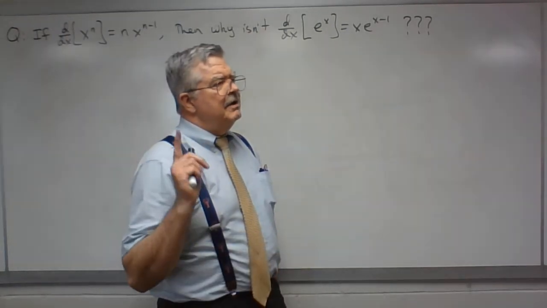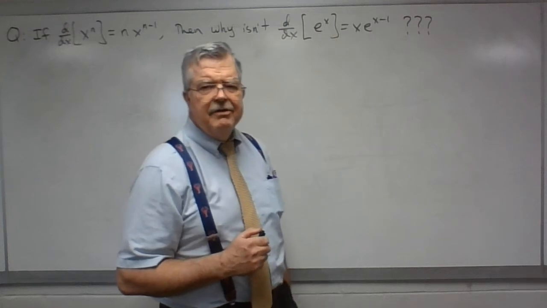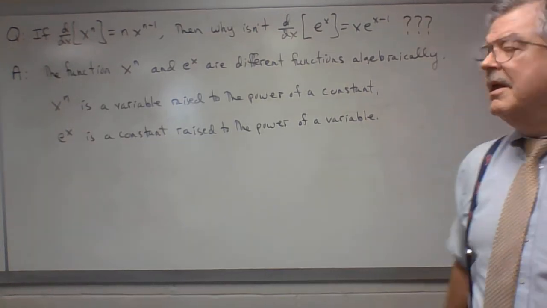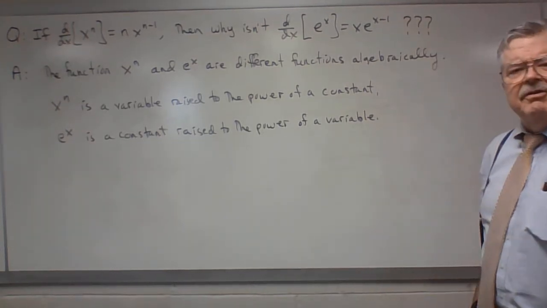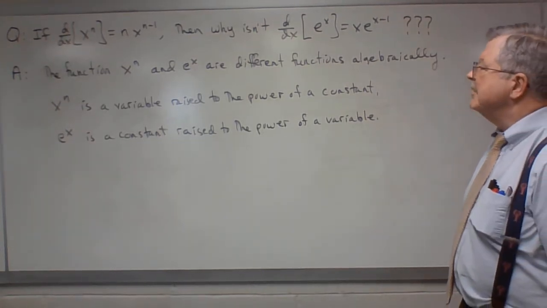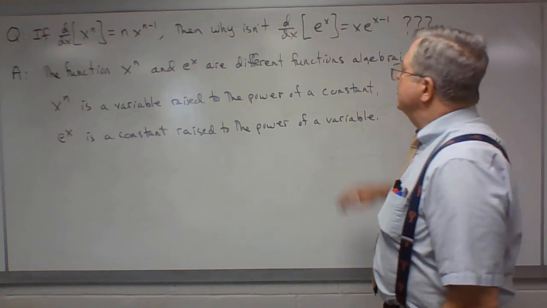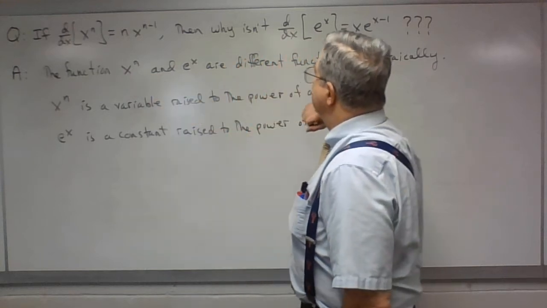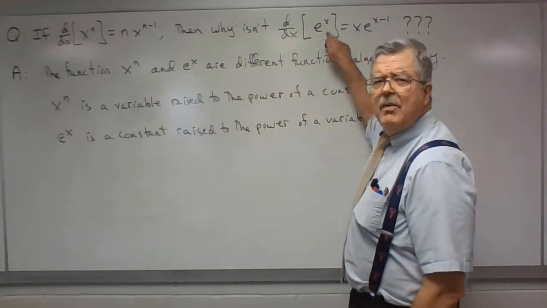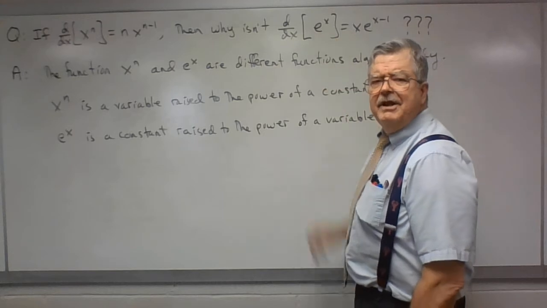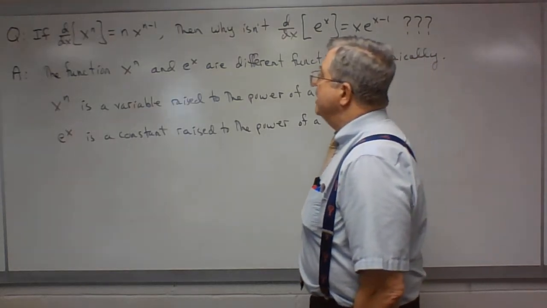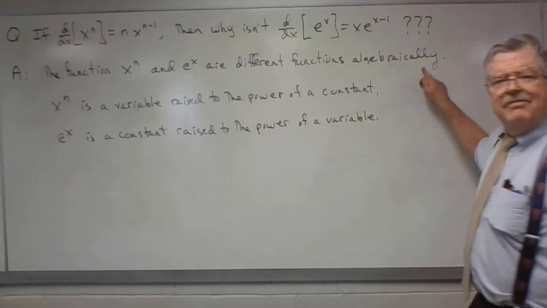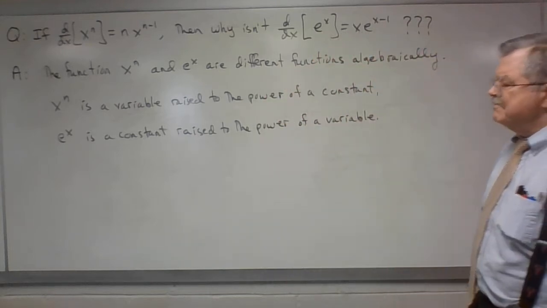I'll give a couple of answers. The second one is related to the first, and here's my first answer. The reason the derivatives don't look the same, and the reason we don't apply the power rule to the exponential function e to the x, is because x to the n and e to the x are different functions algebraically.